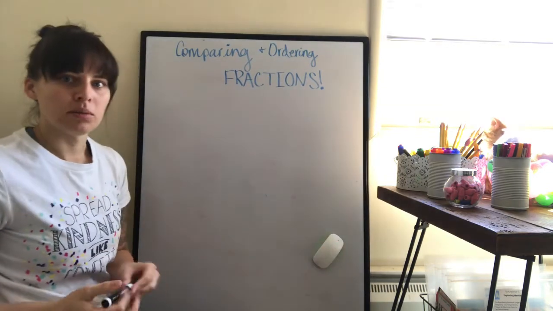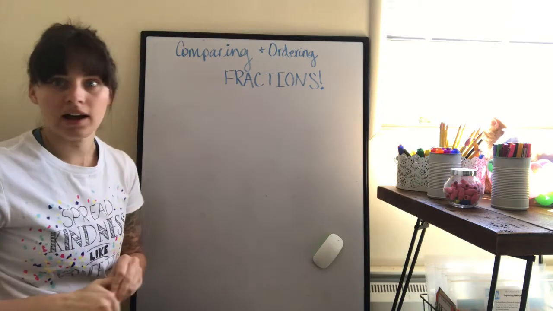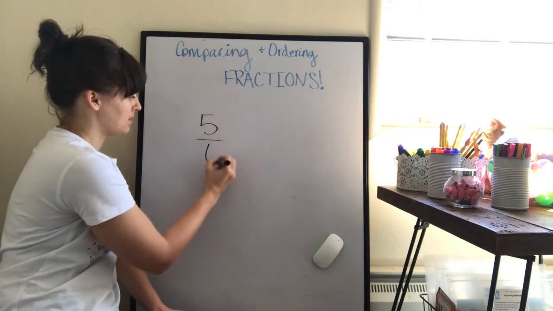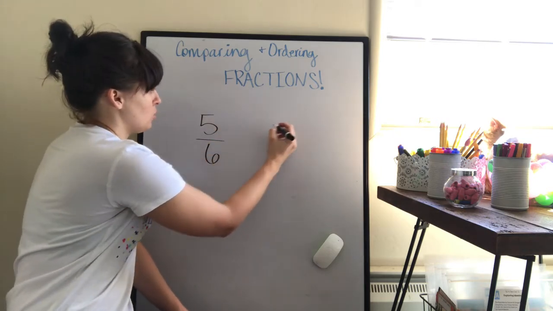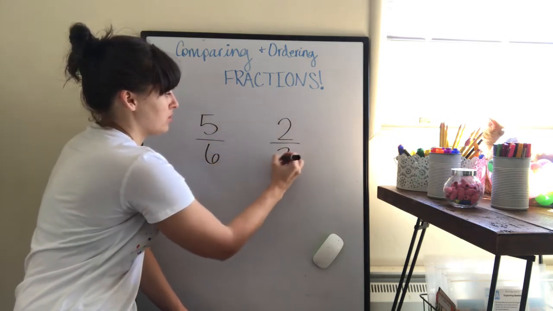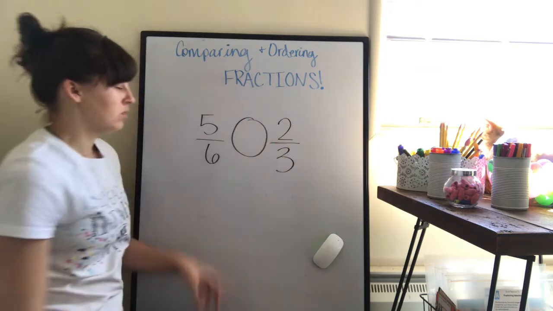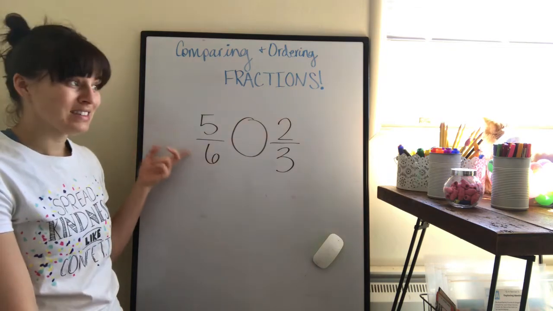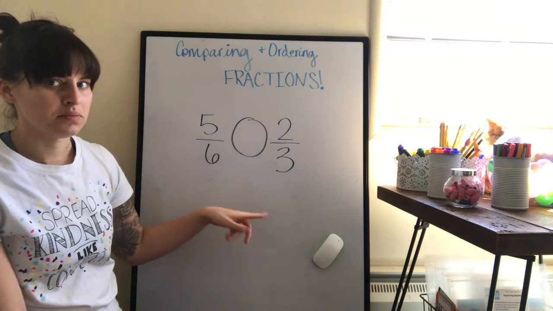Let's do this with numbers that do not have the same denominator. So we'll keep 5/6, and let's do 2/3. Well, 5 is bigger than 2, but 5/6 is different than 2/3. These are different.